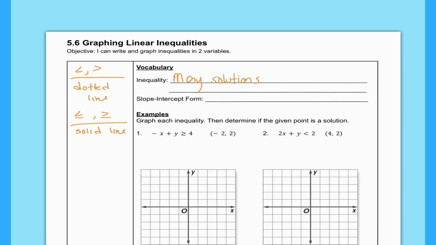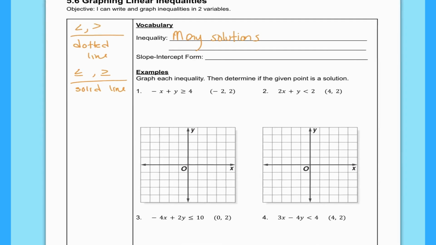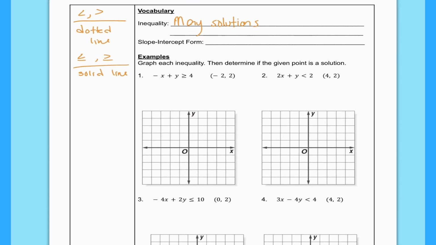Another similarity was when we shaded to the left or to the right on a number line. We can't shade left or right on a graph. So if we have less than or equal to, we're going to shade below. One more thing, there's one special case.